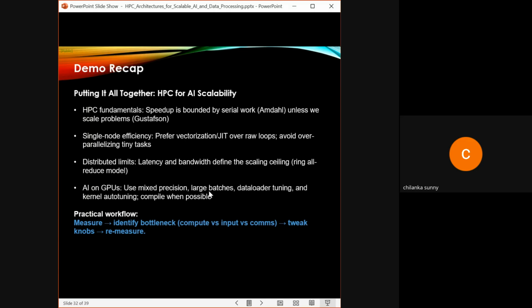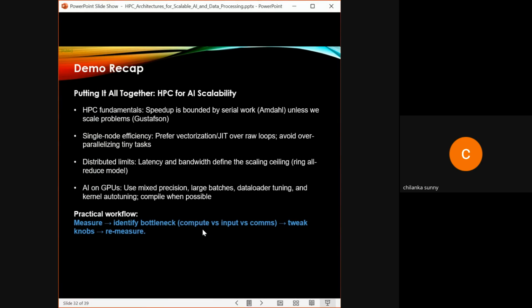For distributed limits, latency and bandwidth define the scaling ceiling, as we have seen in the ring all-reduce model. And when we use GPUs, using mixed precision, large batches, data loader tuning by adding more workers, and kernel auto-tuning, we can achieve the performance we aim for.